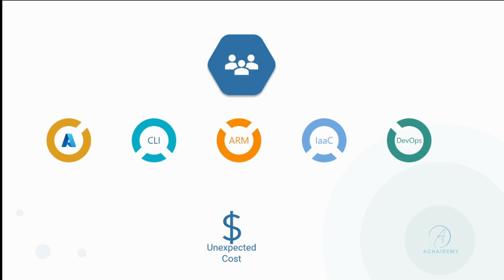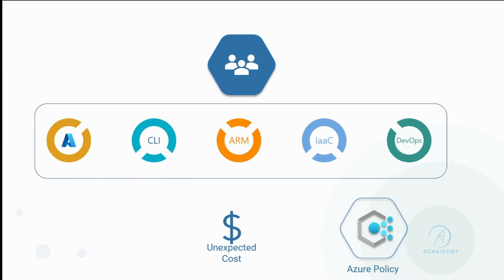It is required for the administrators and the management to ensure the cost is not shooting up due to unnecessary resources created. Azure Policy comes into the picture to help you define a set of rules and conditions that need to be checked for every resource and apply those conditions and/or modify the resource for the conditions.